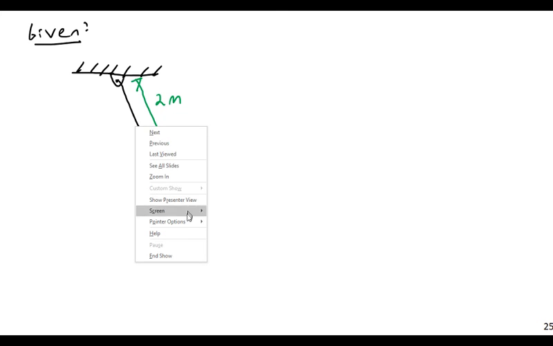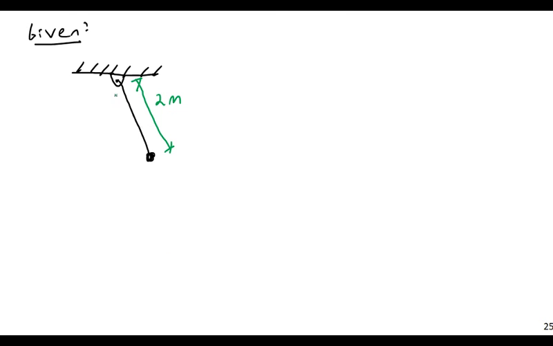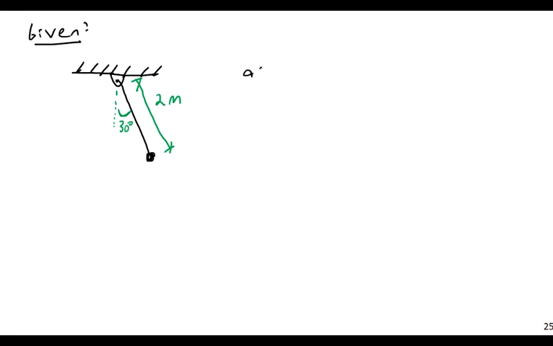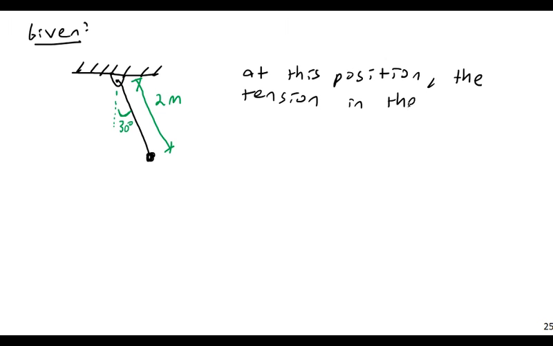Now, at the position shown, I've also been told the angle here, 30 degrees. And I'm also told that at this position the tension in the cord is 2.5 times the weight. 2.5 times the weight.